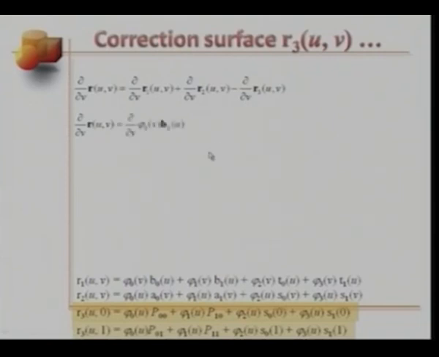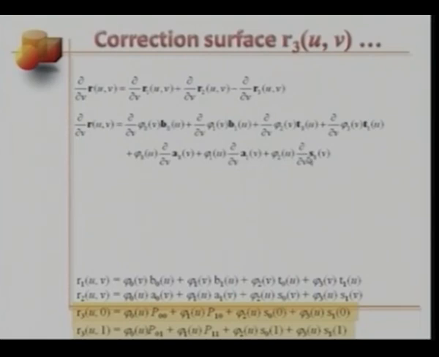Okay, so the first expression is partial of phi 0 with respect to v times b0 u plus partial of phi 1 with v times b1 u plus partial of phi 2 with v times t0 u plus partial of phi 3 with v times t1 of u plus phi 0 u times partial of a0 v over partial v plus phi 1 u times partial of a1 v over partial v plus phi 2 u times partial of s0 v over partial v plus phi 3 u times partial of s1 v over partial v minus partial of r3 over partial v, which is this term here.